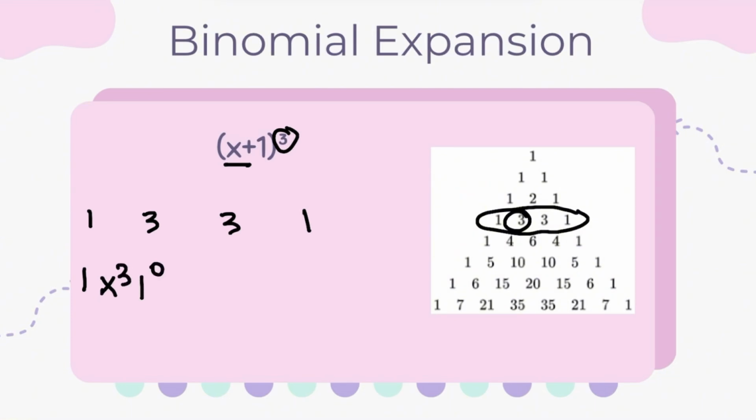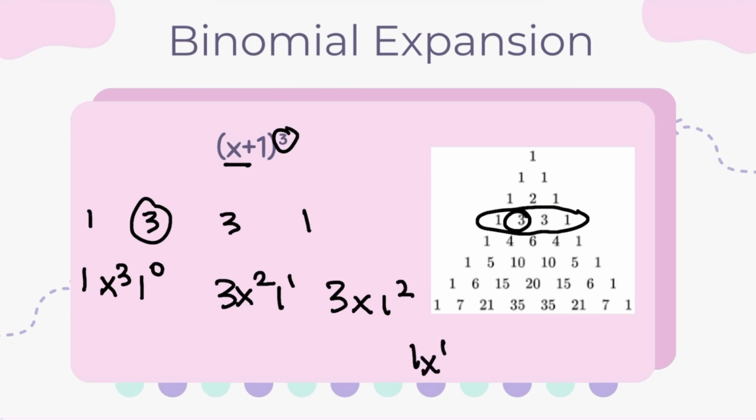After that, you have this coefficient, and then x squared, and then 1 to the first power. Then you have 3x times 1 squared, and finally you have 1 times x to the 0, times 1 cubed. So you end up with x cubed plus 3x squared plus 3x plus 1 as your result.